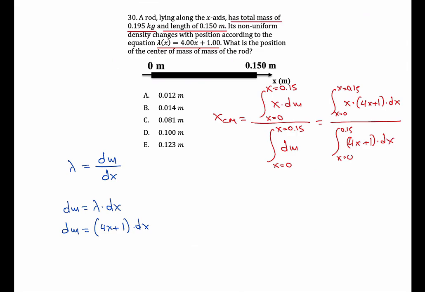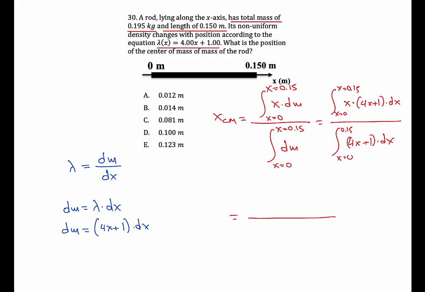Now, we have integrals of variable x, so these integrals can actually be calculated. Now, the bottom integral is the total mass that is given. I actually don't need to calculate it. I know that the value will be 0.195.